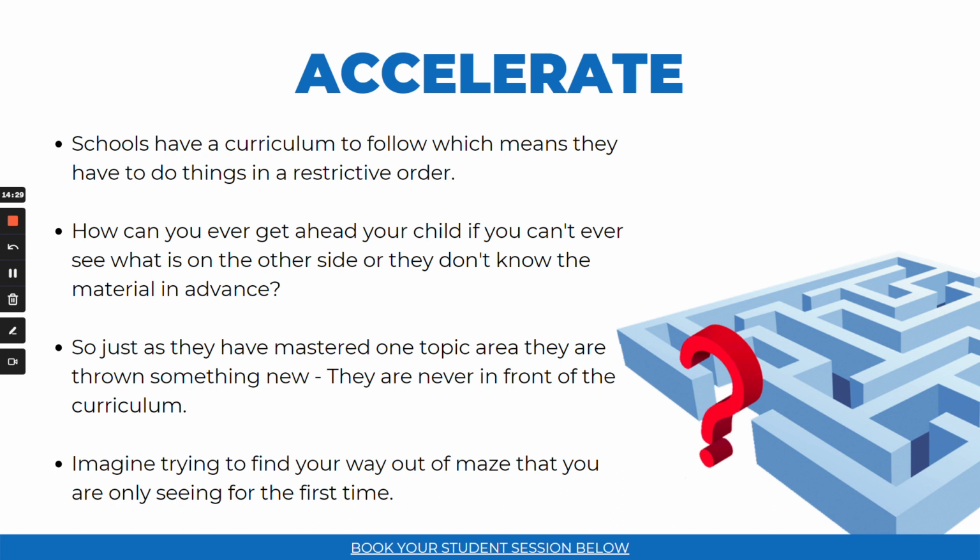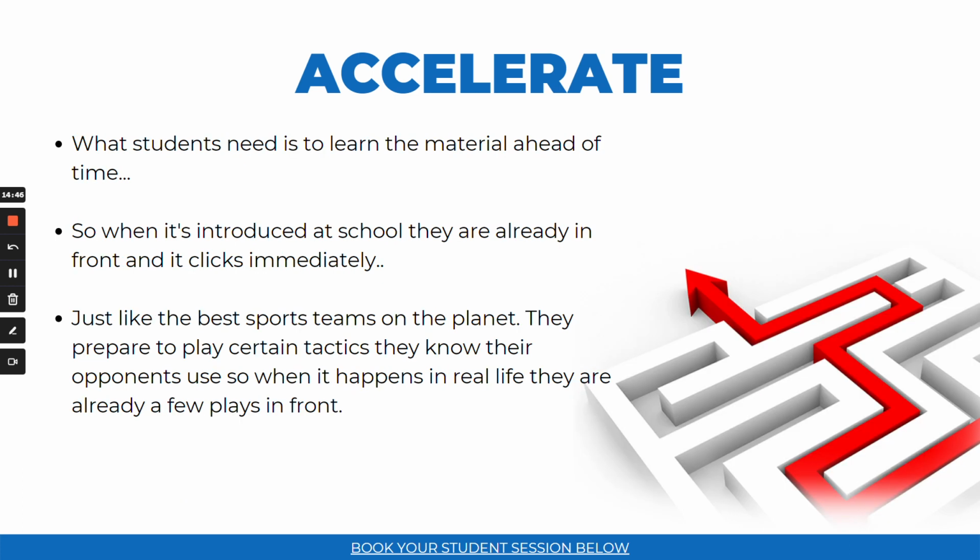They're never in front of the curriculum, which can be a real setback in them scoring an A on the ACT or SAT math, right? It's like trying to find your way out of a maze that you are only seeing for the first time. It's difficult. Now, what students need is to learn the material ahead of time, right?